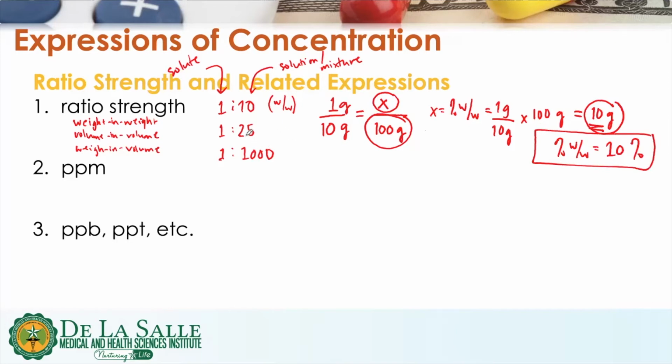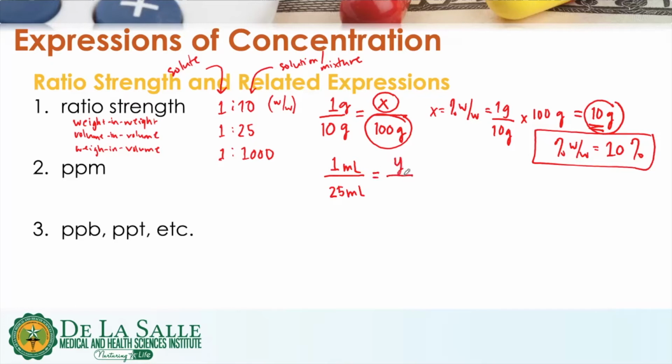Now let's say we have 1 is to 25. That is a ratio strength in terms of volume in volume. So 1 milliliter of the solute is contained in 25 milliliters of the solution. To get the percentage volume in volume equivalent of this, we can use the formula or we can use the ratio and proportion method.